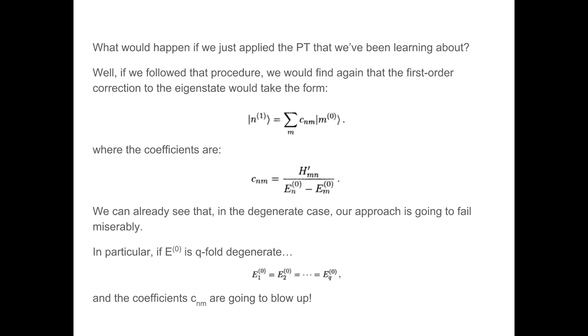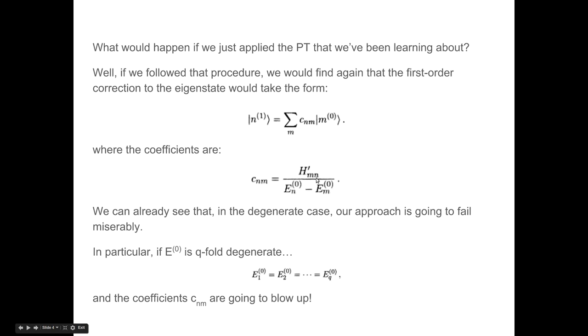We found that the first order correction is some linear combination of the unperturbed states, and these coefficients are the off-diagonal matrix elements of the perturbation Hamiltonian divided by the difference in the energy of these two states that you're taking the matrix element with respect to.